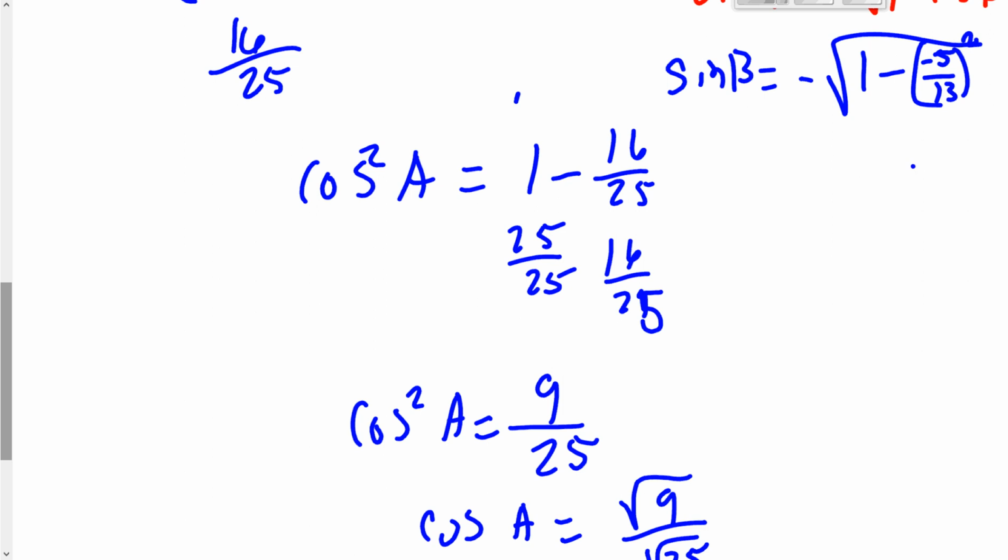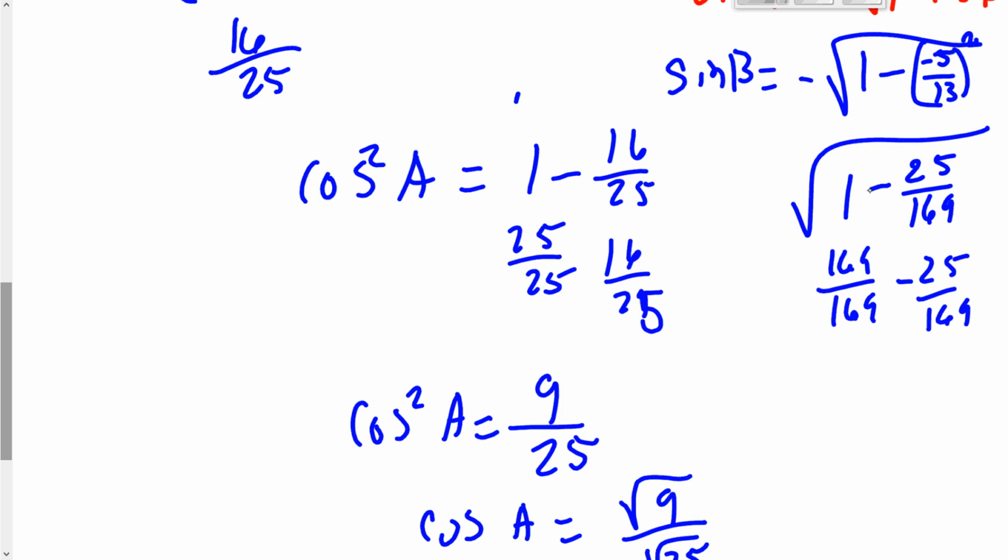So then we get 25 over 169. We can take 1 minus that, so that's 169 over 169 minus 25 over 169. And we'll square root it, and we know our answer is going to be negative.